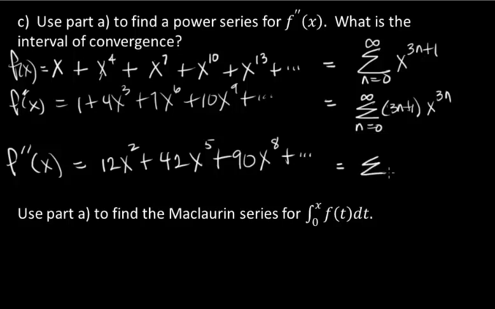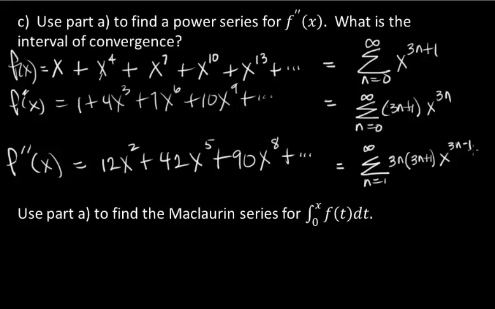So I'll put the sum from n equals 1 to infinity of 3n times 3n plus 1 times x to the 3n minus 1. Either way you want to write it is fine. The interval of convergence does not change when you integrate and differentiate series. So in part B we said the interval was -1, 1, and it would remain so if you integrate or differentiate series.